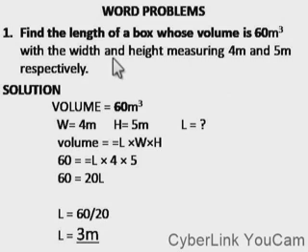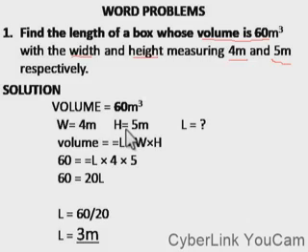So in this case, we are being given the volume of that particular box, and at the same time we are being given the width and also the height as 4 and 5 respectively. You can see what is being given to us in this question. We are asked to find the length, we are given the width, and we are given the height.